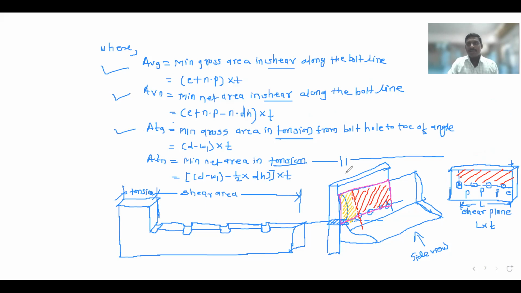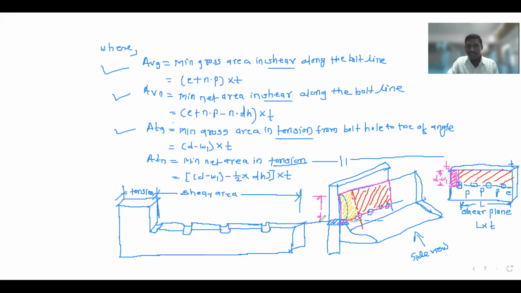ATG. Now the area for tension is this. This is the tension area. This is your T, and this is D minus W1. This depth is D minus W1. Why?